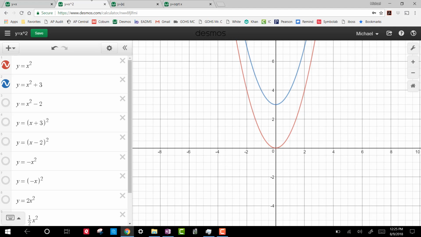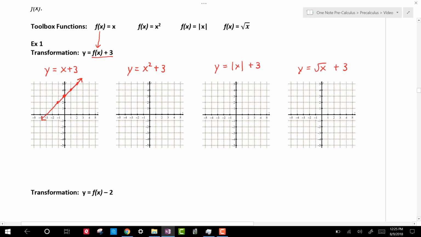So in this first one here, we know that this graph here, y equals x squared plus 3, is the parent function moved up 3 units. So my vertex slides up to 3, but all the other points slide right up with it as well. So there is y equals x squared plus 3.